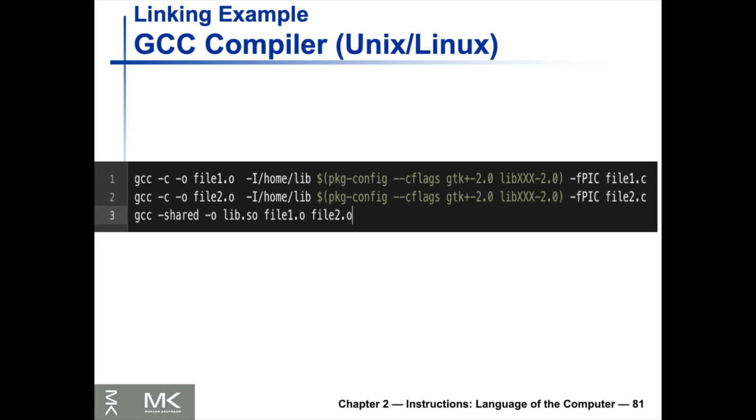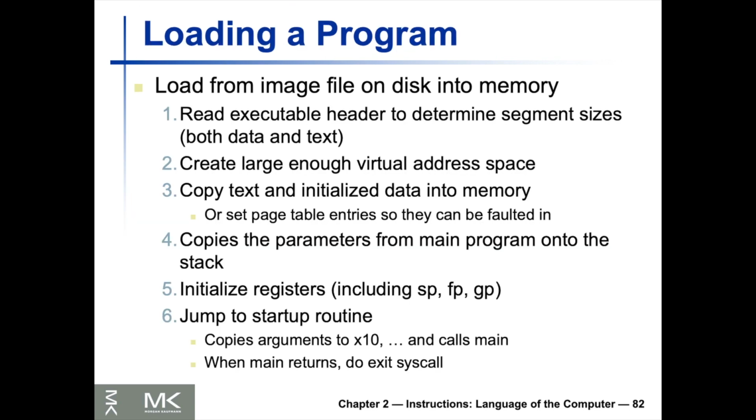All right. Now, we are up to the point that we have the objects. We want to load a program, right? We want to load those objects into a program. Loading actually works as follows. So first, we have to read the executable header and determine the segment size, both for our data and the text we have.